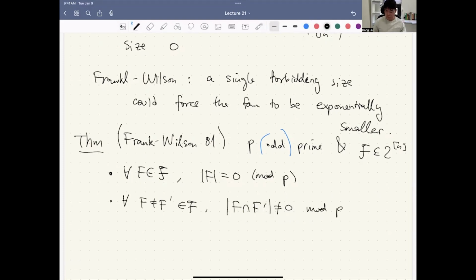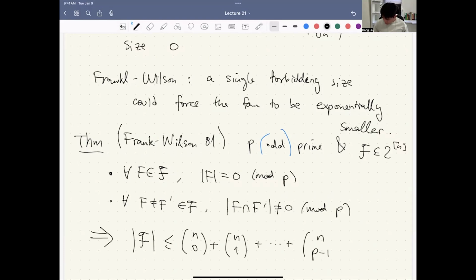Mod P. Then the family cannot be too large. At most, n choose 0, n choose 1, dot dot dot, n choose P minus 1.